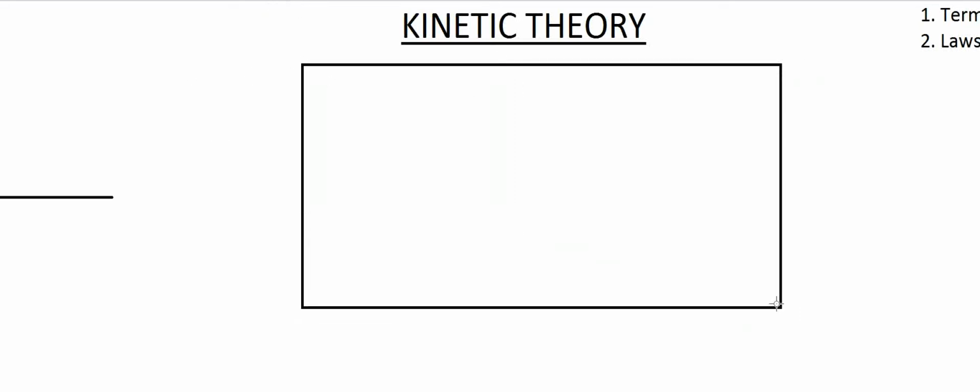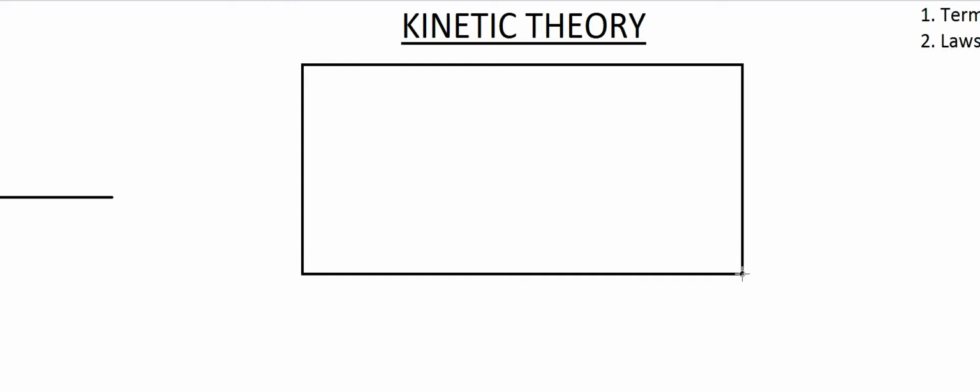So kinetic theory is all about the movement of particles in a gas. Let's say you have a gas chamber here, and inside you have particles moving all around.